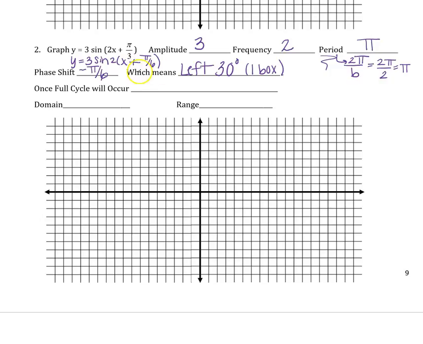Since I'm only shifting by pi over 6, I'm going to keep the same scale that I normally do. So every 3 boxes is pi over 2, which makes every box pi over 6. Okay, and make sure I go high enough so that my amplitude is 3 on the y-axis.